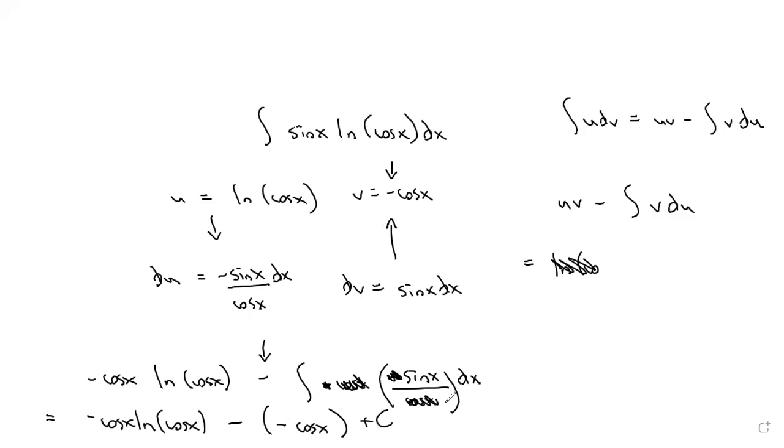Good. So in this case, there's just one last obvious step. Just cancel out the two minus signs. So the final answer should be minus cos x ln of cos x plus cos x plus c.